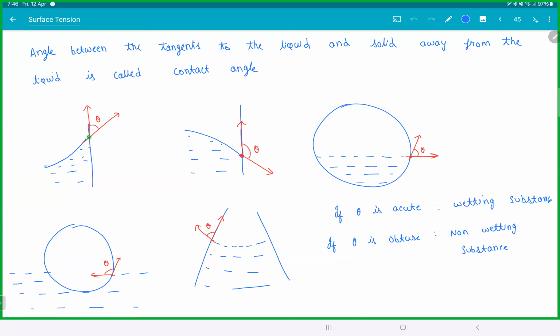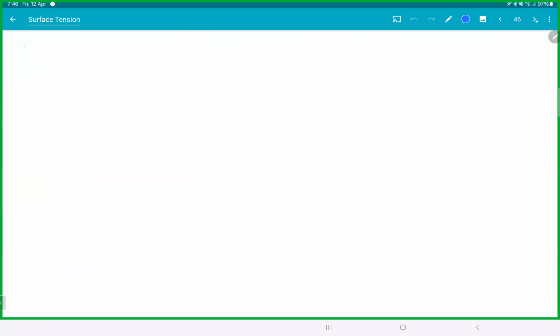Now let's see capillary action. I'm sure you studied this in biology. The trees get water to the leaves through capillary. So how does this work? When you say capillary, capillaries are actually thin pipes.